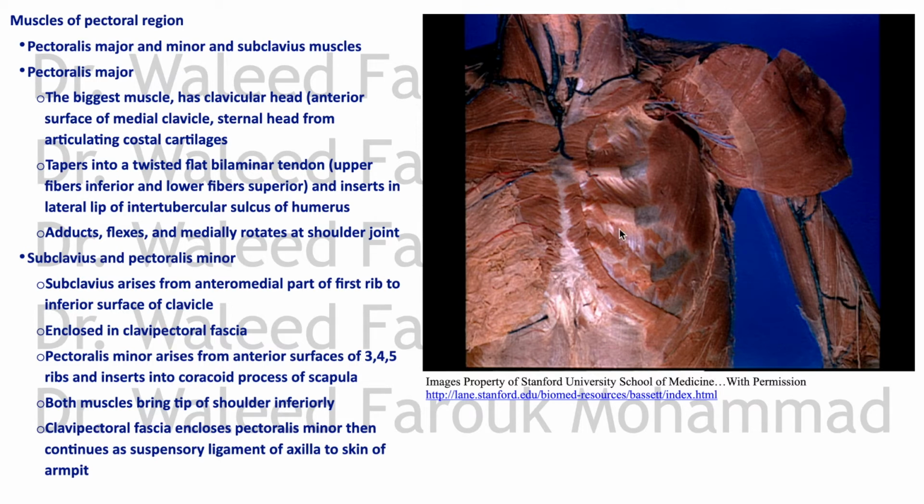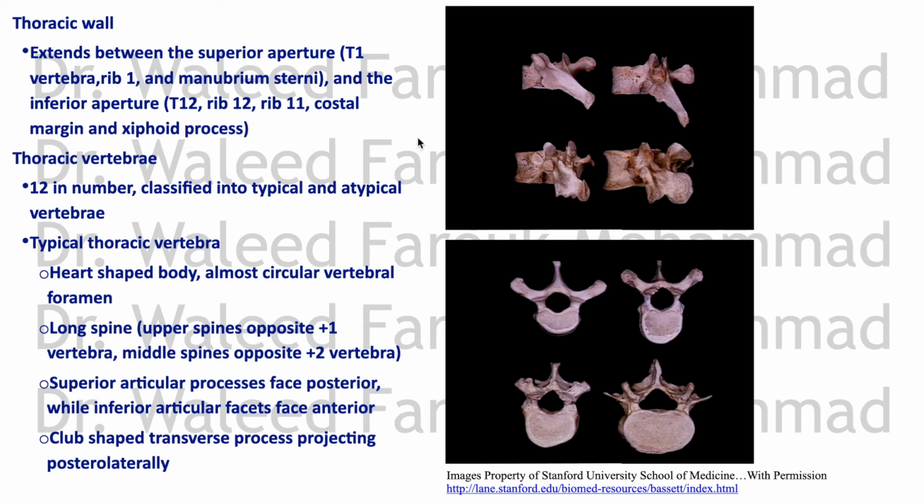So when you remove these, we will encounter, as you can see here, the thoracic cage proper. Okay, the thoracic wall. Now we have a pillar in the center at the back, the vertebral column, and the ribs attaching to this pillar, to this column. And at the front, some of the ribs are joined by a bone called the sternum. So we will be talking about the sternum, about ribs, and about the thoracic vertebrae.